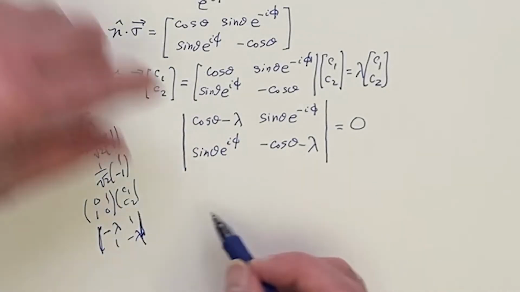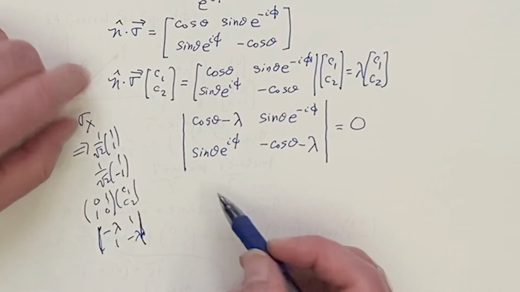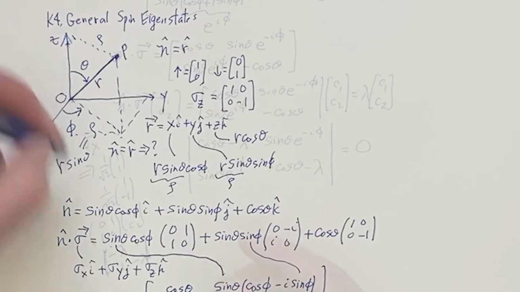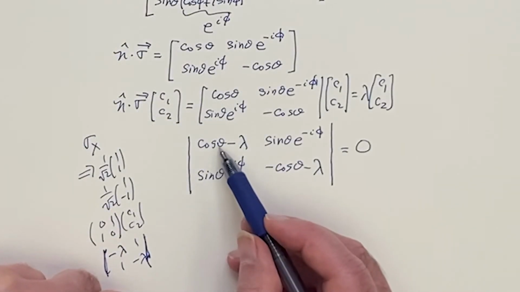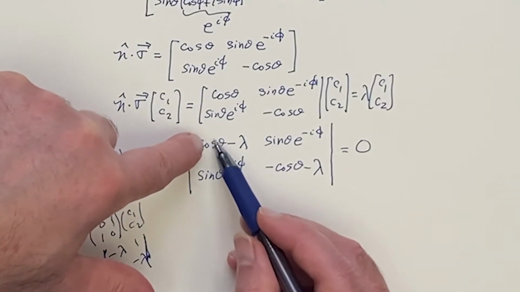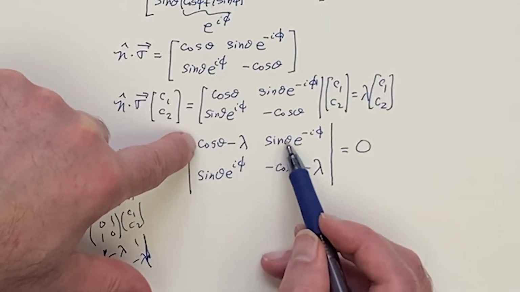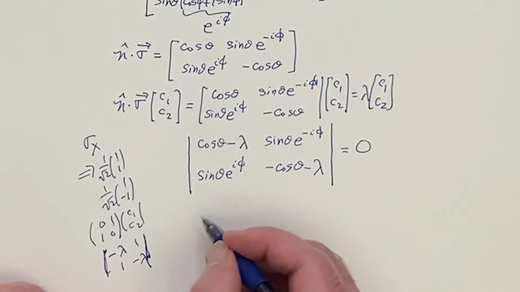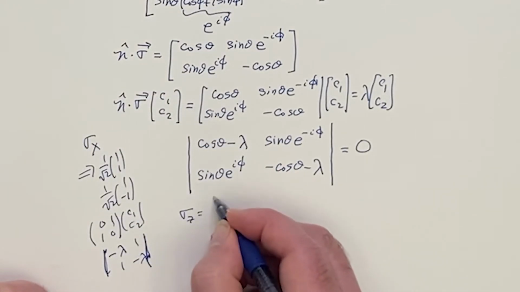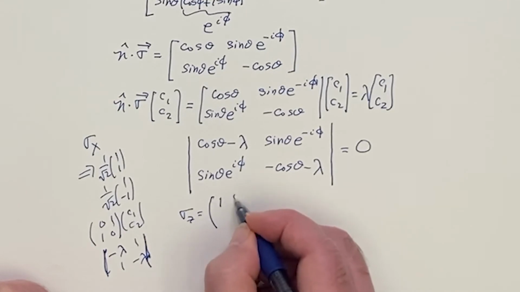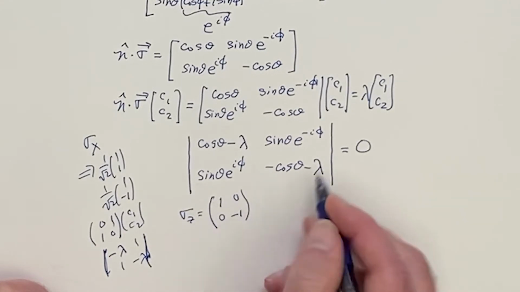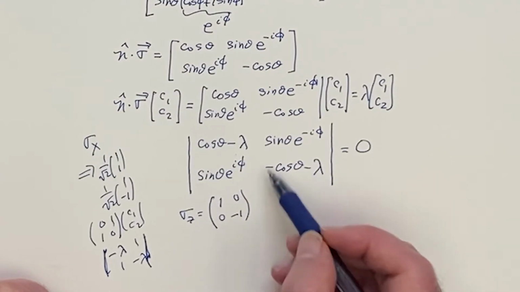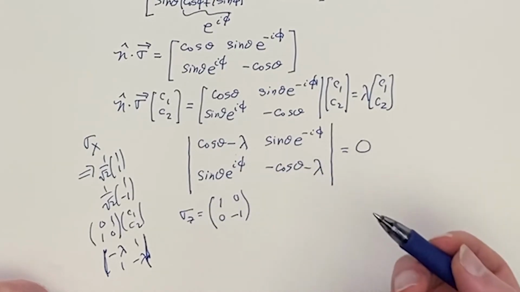And if you want to do the z one, the one that's going up for z, you want theta to be 0. Well, if theta is 0, then you would have a 1 there, and then you would have a 0 there, and you would have a minus 1 there. But see, that's what you would get if you had this one here with the 1, 0, 0, minus 1, and you subtracted lambdas, you would have 1 minus lambda, minus 1 minus lambda, and these would be zeros. So we're doing a general case.